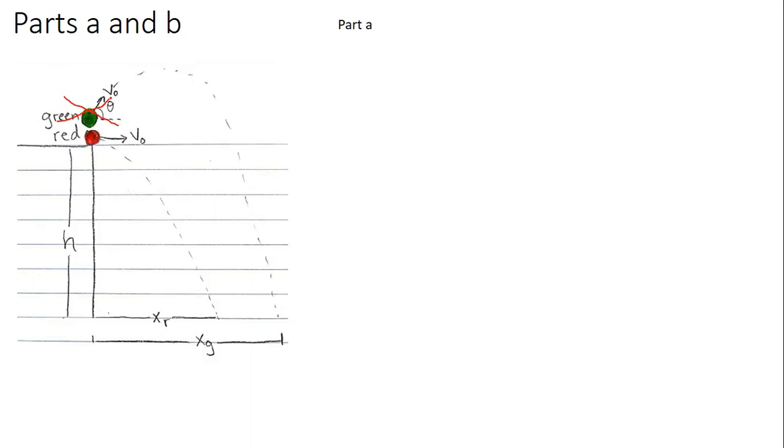Part A is to find an expression for the time that the red ball is in the air. So I'm going to start with the second kinematic because I remember that normally when solving horizontally launched projectiles, I use the second kinematic, and that's pretty easy because this term always goes away, because if it's a horizontally launched projectile, then the velocity in the y direction starts out at 0.